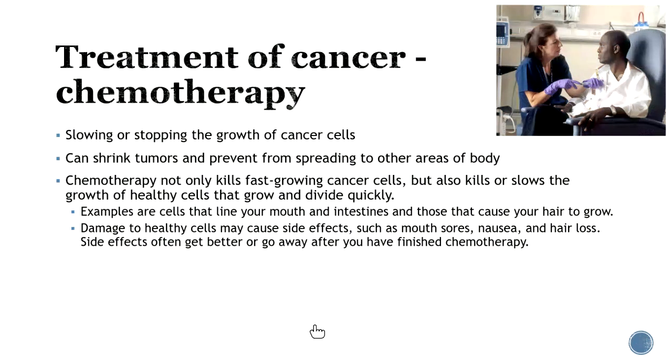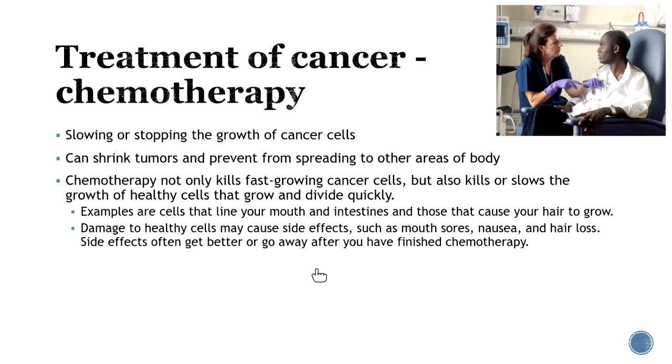So this is using drugs to stop or slow the growth of cancer cells. Now, what chemotherapy does is it's going to target fast-growing cancer cells. So cancer cells have the hallmark of having a rapid cell cycle. Now, there are some cells in your body that naturally divide really fast.